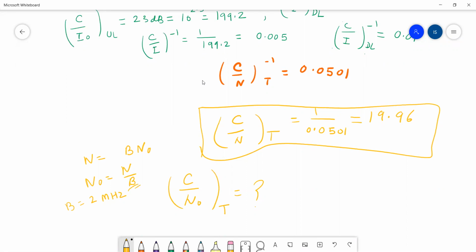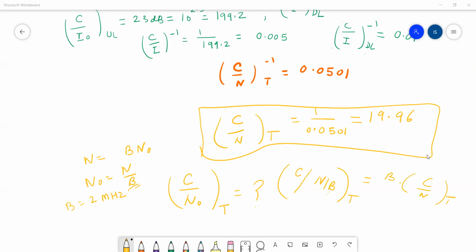So now the total carrier to noise density ratio will be C by N by B, so B is multiplied by C by N total.